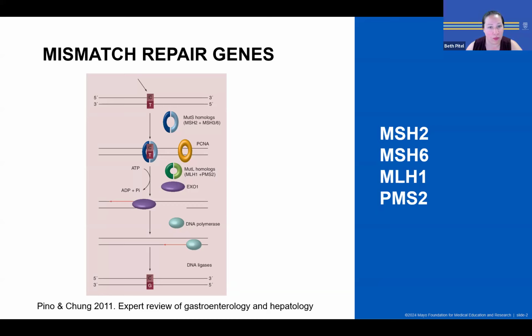And so when you have a deficiency or a loss of function variant that is driving cancer, you tend to have more mutations. So you'll have a higher tumor mutational burden, but also we'll find deficiency in these genes through IHC and through other microsatellite instability type assays.